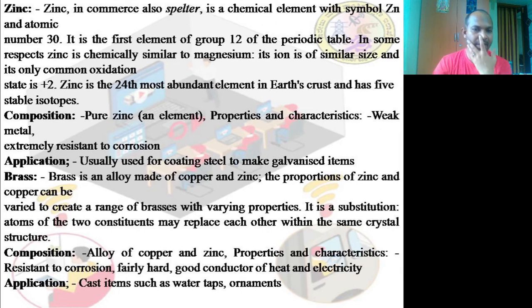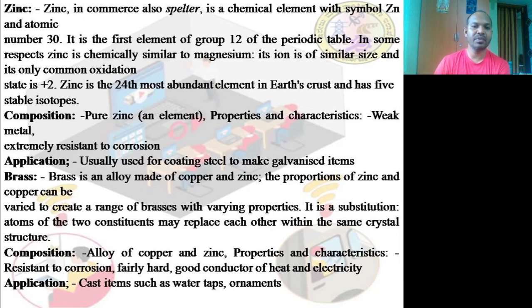Now next, brass is an alloy made up of copper and zinc. Copper and zinc are mixed to make brass. The proportion of zinc and copper can be varied to create a range of brasses with varying properties.